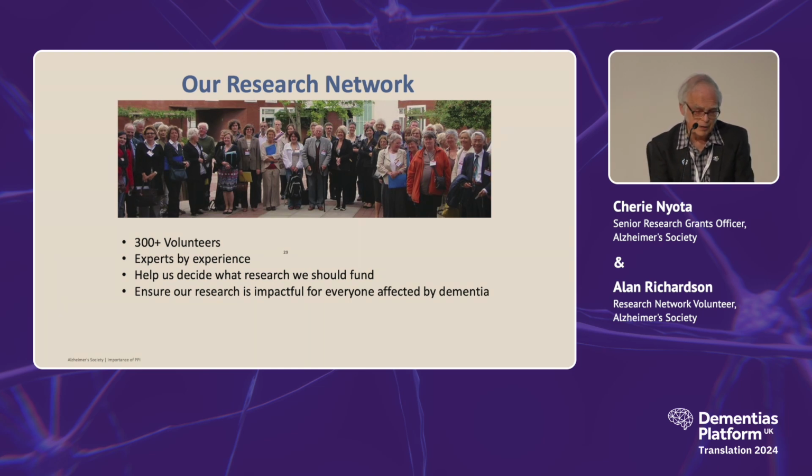And with the early career researchers, as I said, it was at this dinner, which was actually in London, where I won a place. How do we as research network volunteers get involved? You start off basically by looking at grants that are coming in. There can be a lot of grants, can't there, Cherie? There can be a lot of grants that we're looking at. Then people start to grow through the research network. They start to gain experience through it.